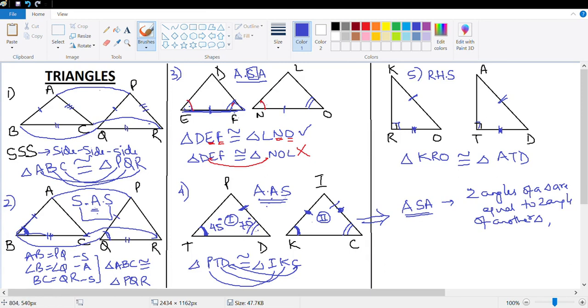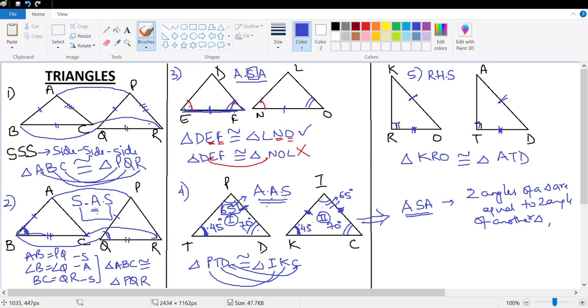So what is the total sum of three angles? Three angles sum will always be 180. So this is 115, which means this will have to be 65. 180 minus 115. Let me check. 100, 170, 180. Perfect. Similarly, the question says 45 is equal to 45, 70 is equal to 70. We have not been given this angle, but we calculated.